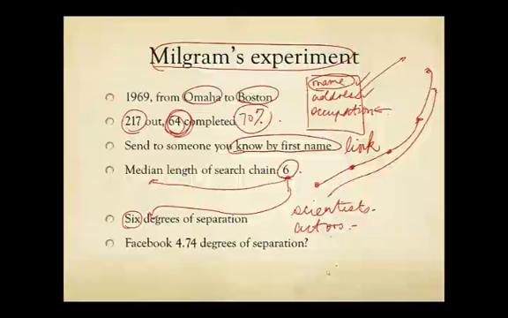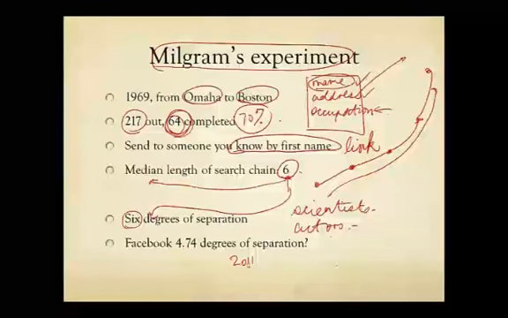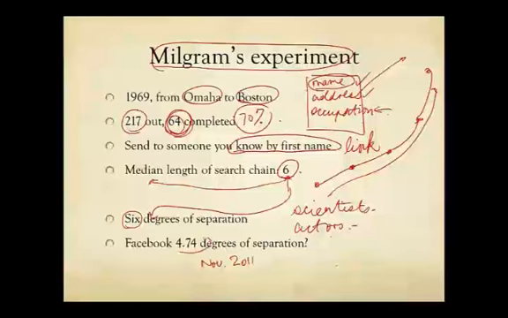And in 2011, November, it was reported that Facebook has a 4.74 degrees of separation, which is even smaller. So the question was raised, is Facebook flattening our social world further, bringing 6 degrees of separation down to less than 5? We'll later come back to this, 4.74.